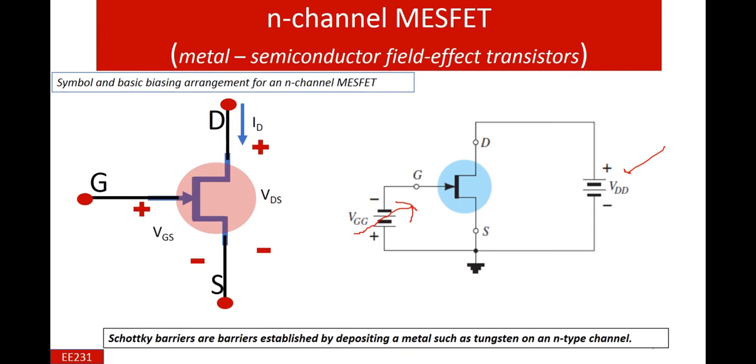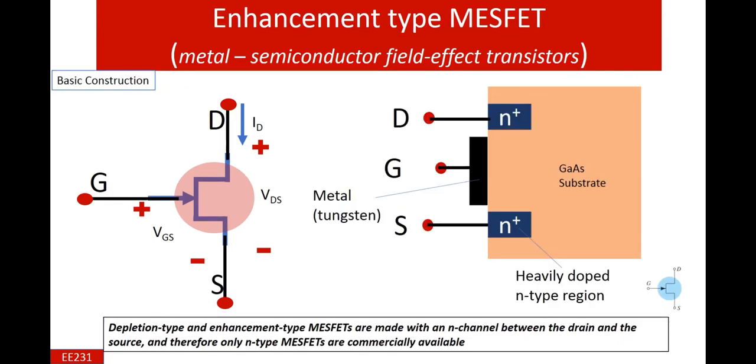As compared to this, when we are talking about the enhancement type n channel MOSFET, in this case the construction is just the same, but there is no channel, which is slightly doped in the last n type MOSFET, the depletion type. But in enhancement there is no channel at the time being, and we can develop and enhance the channel by applying the potential and the biasing circuits as shown in the last slides.